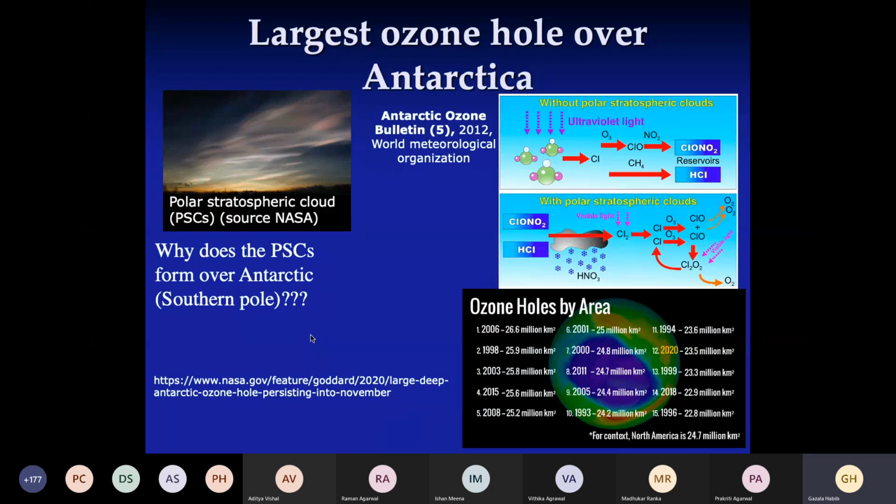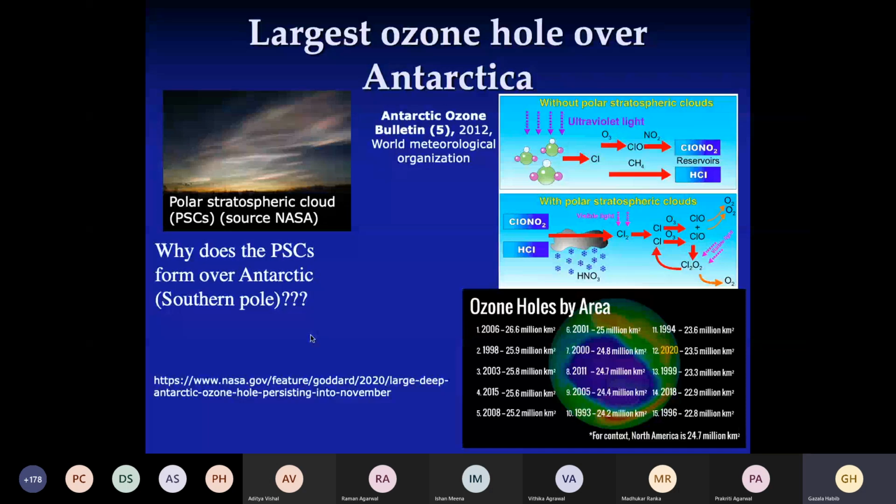Now, as I said, the Montreal Protocol was set to stop or ban the production of CFCs and other bromide compounds and other compounds, and we expect an improvement in the ozone layer, right? And it was seen.